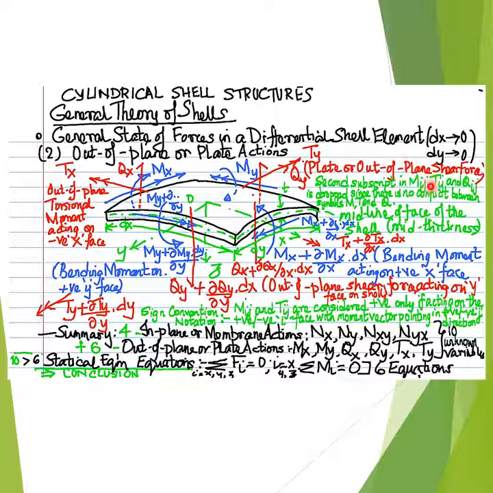For example, the notation M denotes bending moment, while the notation T denotes torsional moment, and the notation Q denotes an out-of-plane shear force.